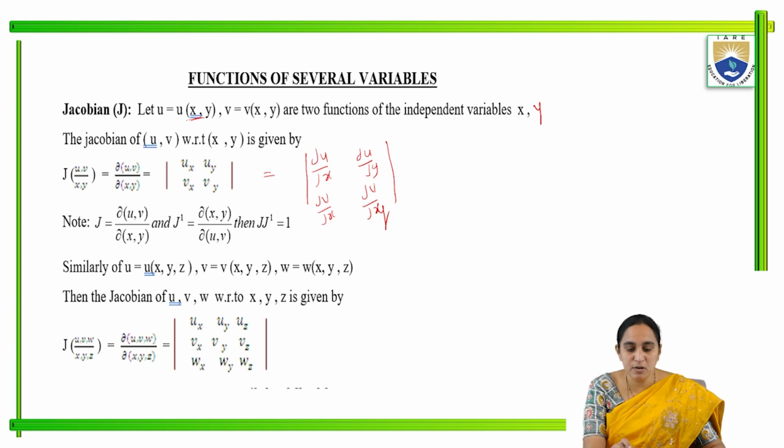Observe the first formula, J is equal to dou of u, v by dou of x, y.